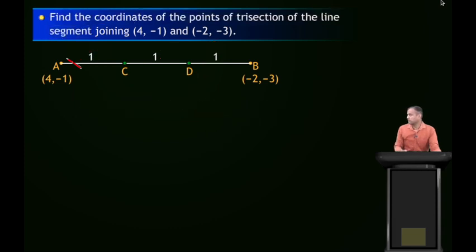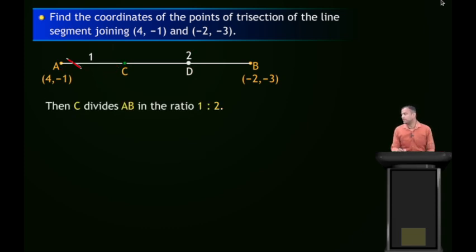So here first we have to find the ratio of C. If we take point C, we take this length and then this length. So we have first length AC is 1, and then the next length CB as 2. So C divides AB in the ratio 1:2.